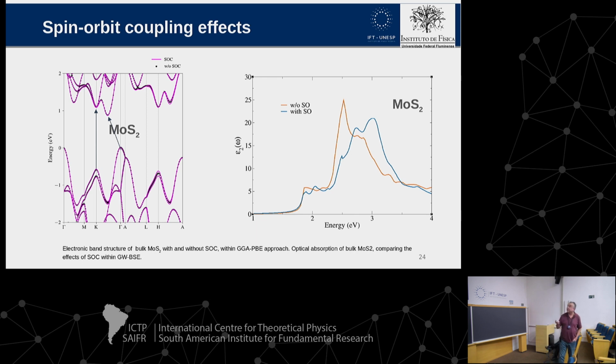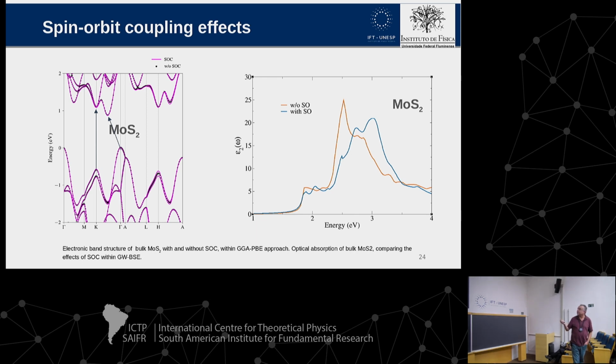Here is something very interesting that we are still trying to understand better. When you look at this, this is MoS2 with and without spin-orbit coupling in the calculations. And the bands look very similar in the two kinds of calculations. In this graph, they look exactly the same. However, when we calculate the dielectric constant, they are not so similar.